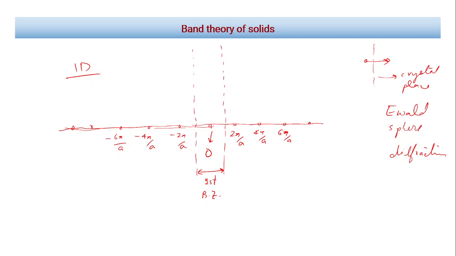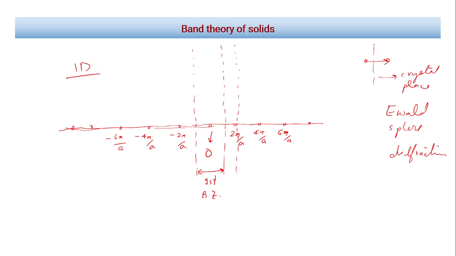Then we'll draw the next Brillouin zone. I'll connect this origin with the next reciprocal lattice point, which is 4 pi by a, and we have to draw a perpendicular bisector, meaning a perpendicular at exactly half of it. So from 0 to 4 pi by a, half of it will be at 2 pi by a. So my next perpendicular will come at 2 pi by a.